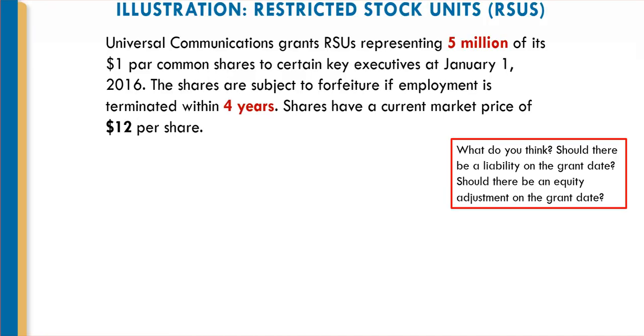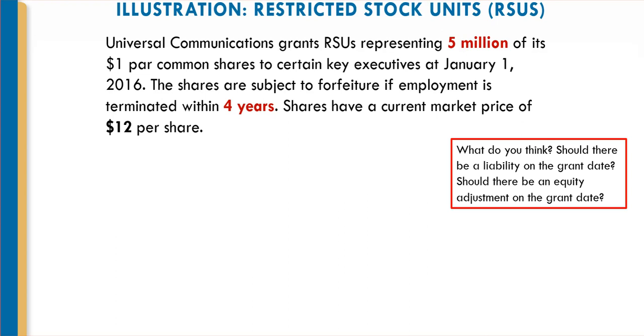So here we have some restricted stock units that are being granted, representing 5 million. The shares are subject to forfeiture if employment is terminated within 4 years. What does this mean? They're going to grant the stock to the key executives, but the executives do not get the stock on January 1st, 2016.